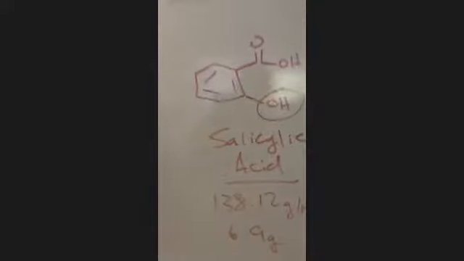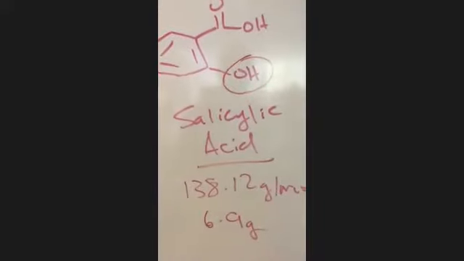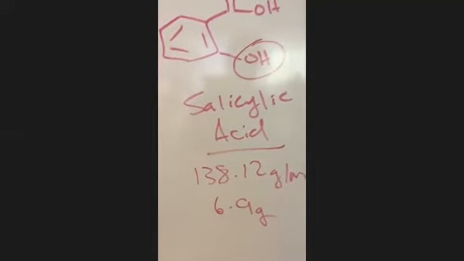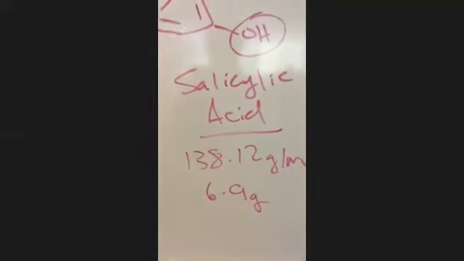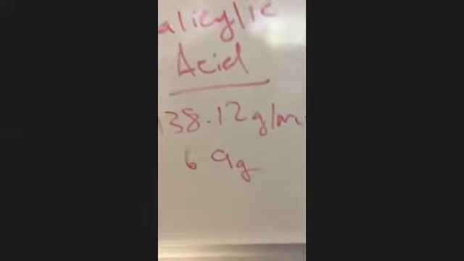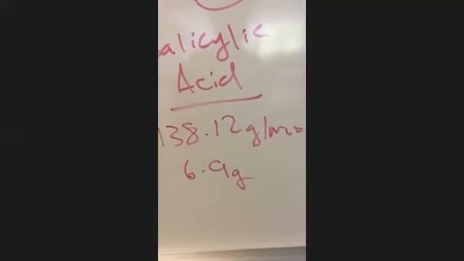Dr. Russell, could you help me with the table of reagents? I'm kind of confused as to where the numbers go. Do you see where it says molecular weight? That's the molecular weight of salicylic acid, 138.12 grams per mole. And where it says required amount, that's the 6.9 grams.